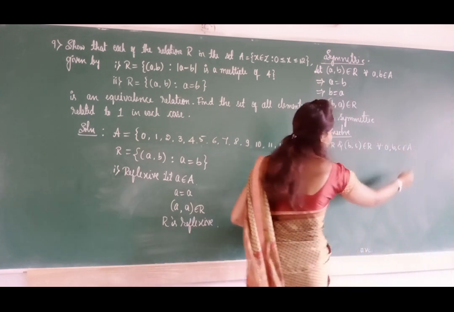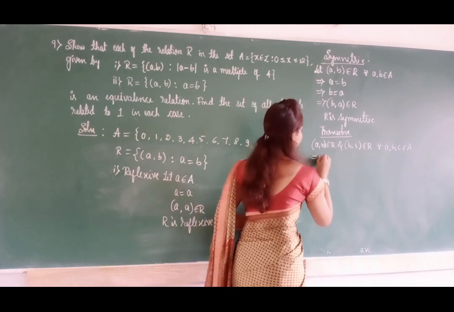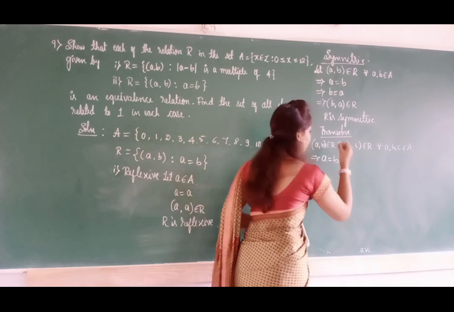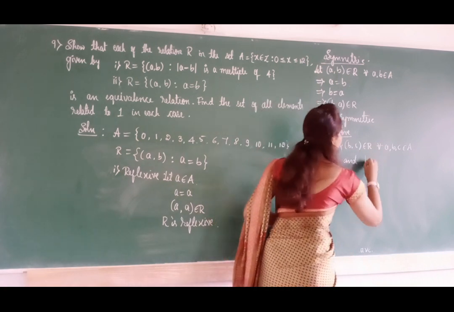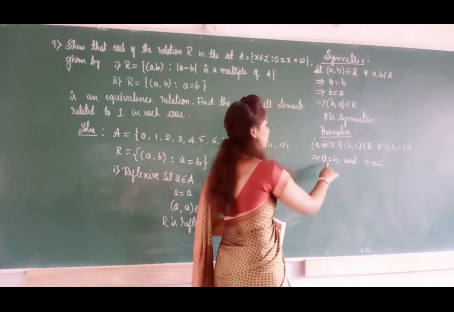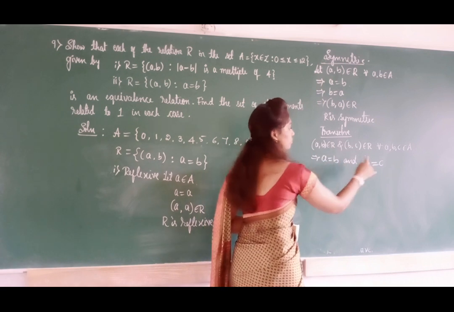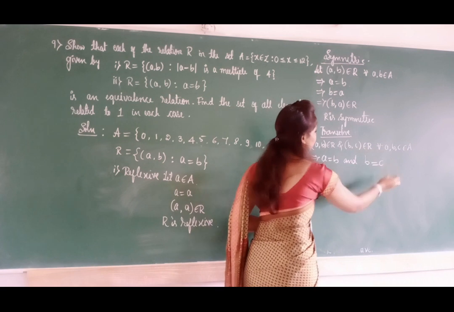AB belongs to R means the condition is A is equal to B, and BC belongs to R means B is equal to C. Observe here, A is equal to B, B is equal to C, then A is equal to C.